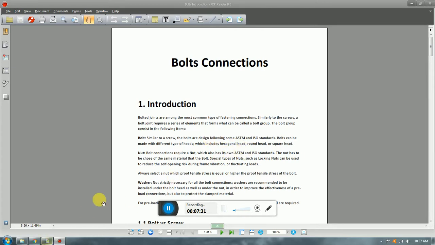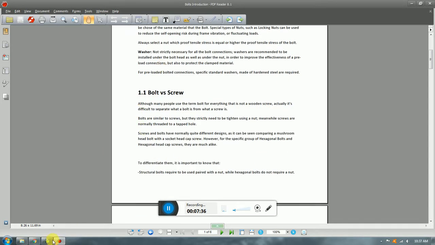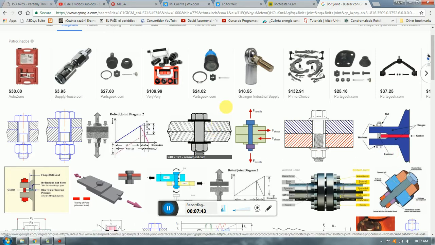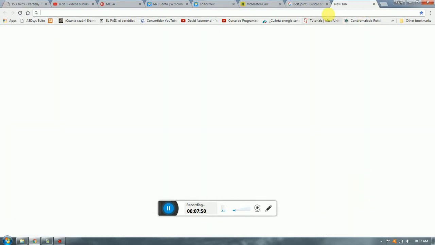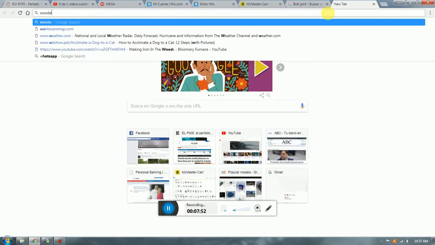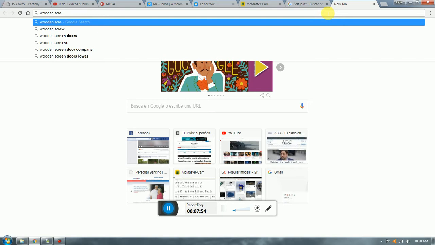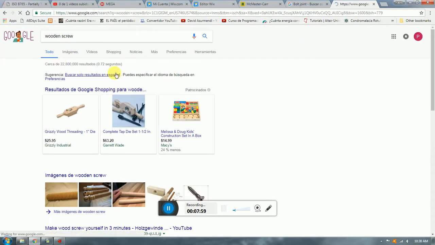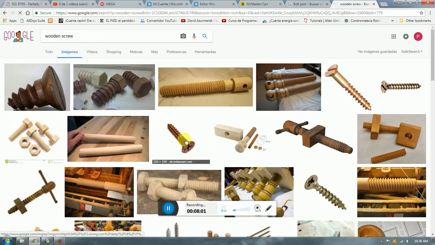So what is the difference between a bolt and a screw? Well, it's not the same thing. Many people think that a screw is the typical threaded fastener that you use for wooden parts, like for example this type, for wood, or this type.